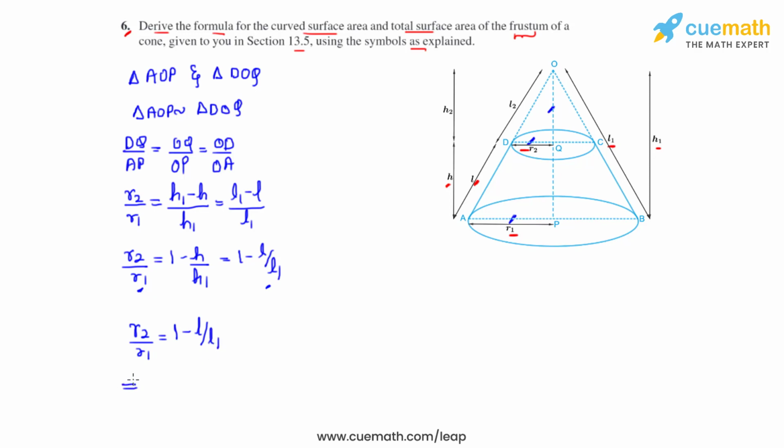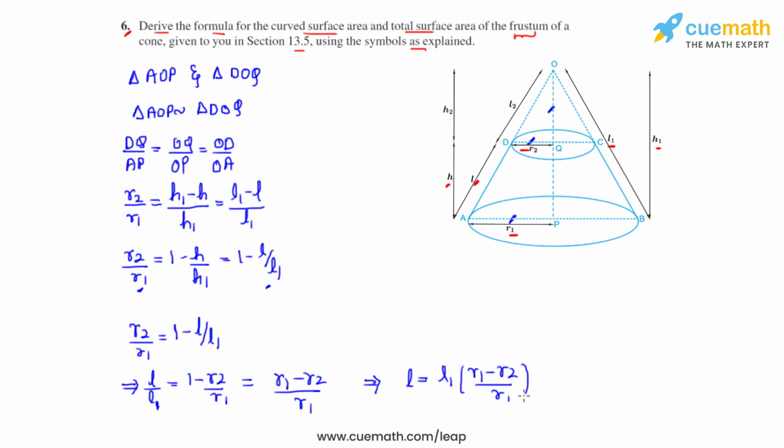That implies L by L1 will be equal to 1 minus R2 by R1, which on simplification gives R1 minus R2 by R1. So the slant height of the frustum part will be equal to L1 times R1 minus R2 divided by R1.